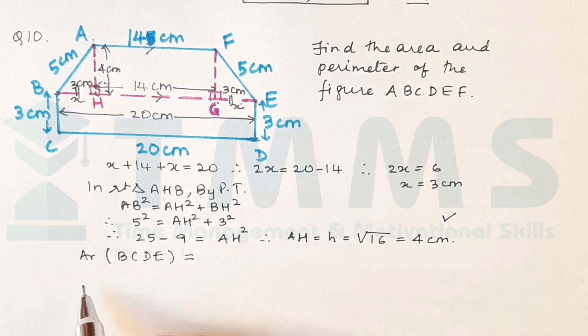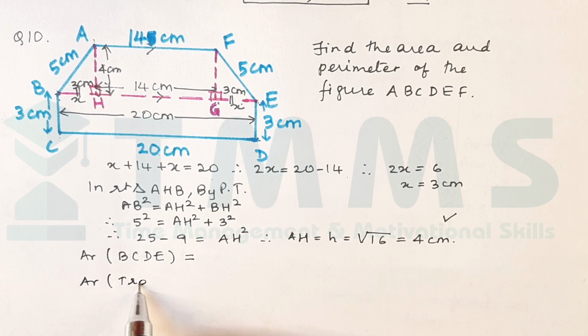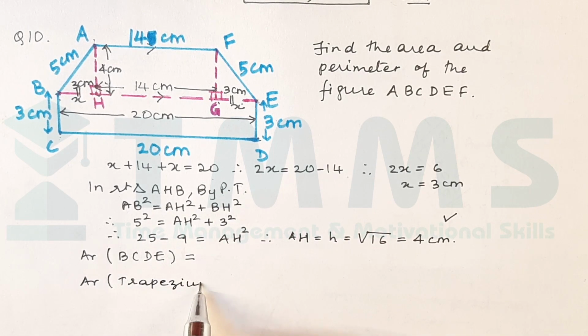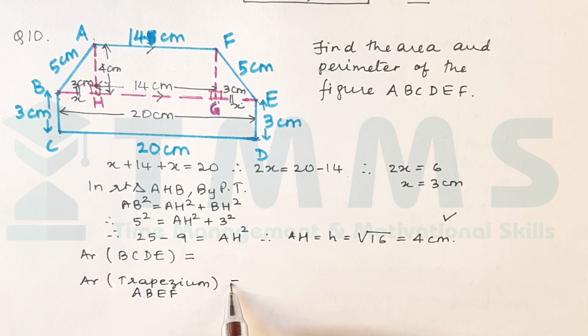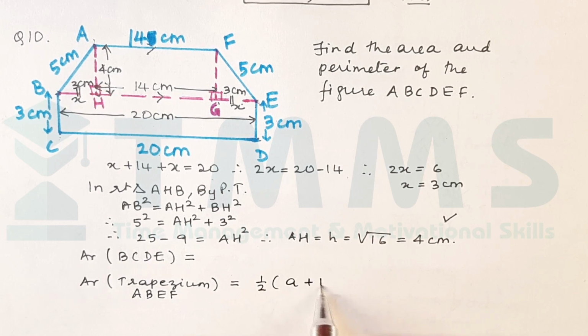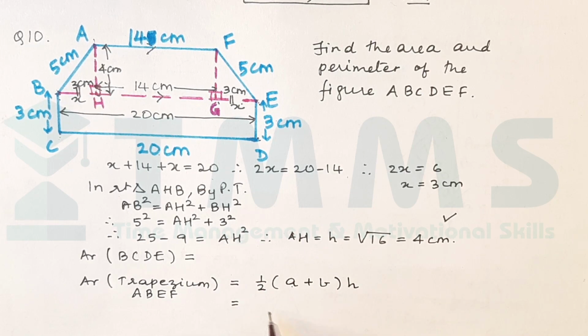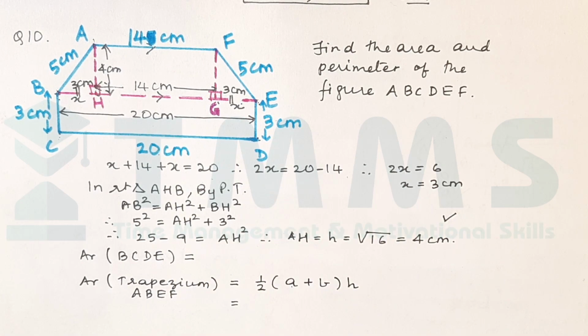You're going to find it, and then we will have area of trapezium ABEF will be equal to half into sum of parallel sides, means A plus B into H. That will be equal to, will you be able to substitute now and get this? Your time starts now.